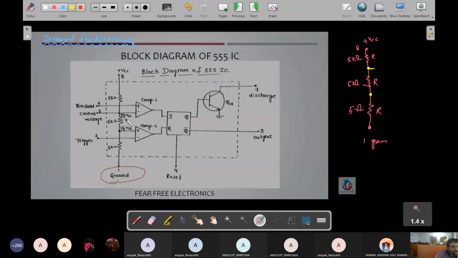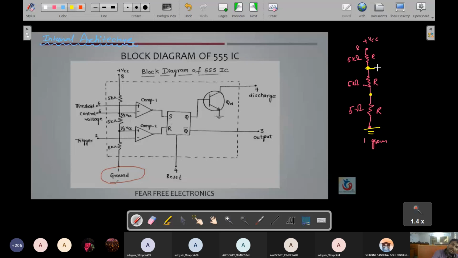To calculate 2 by 3 VCC, I'll calculate here. Actually this is the ground. Simply take this as ground. Here I want to calculate the potential difference at this point. After crossing this point, how many resistors are there up to ground?